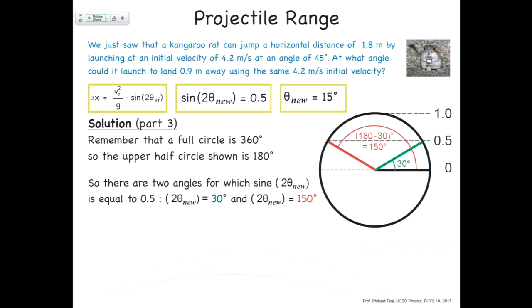That was the answer for the intermediate stage of 2 theta, the stage of taking the arcsine. So the arcsine of 150 and the arcsine of 30 give me 0.5, and we were supposed to take half of that, so it turns out that it can either be 15 or 75 degrees. And this makes perfect sense if we think about what we said.